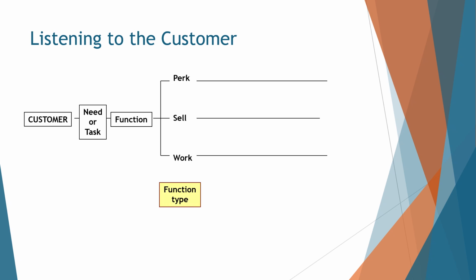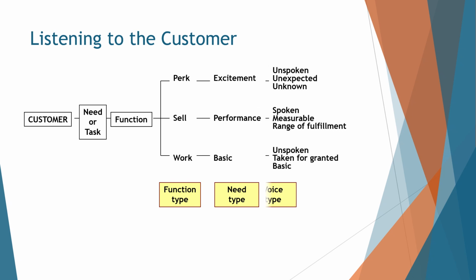Perk, sell, work. These are all function types. Perk creates excitement, sell for performance, work, basic. That's the need type. And then you have the voice type. For the perk, excitement, unspoken, unexpected, unknown.